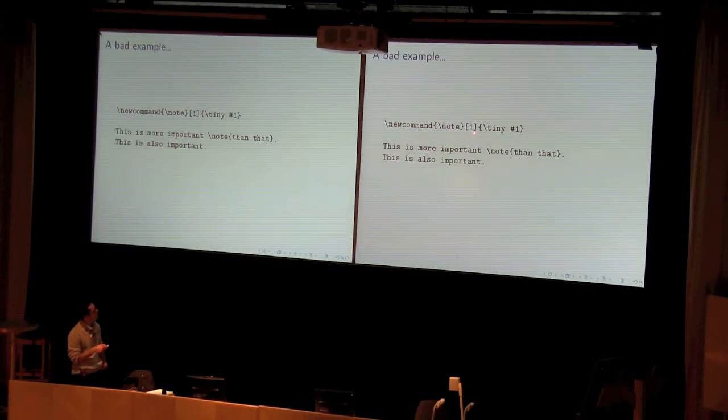Another example. Do you think this will work? Based on the title, no. Okay, this does not produce exactly what we wanted. So we use tiny, which is defined in the size text. I'll go a little quickly on it, but tiny switches on, next, what happens.